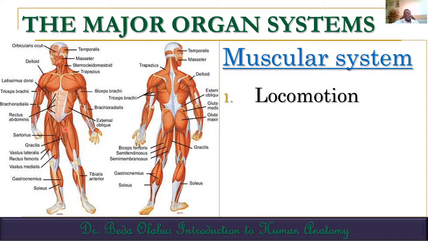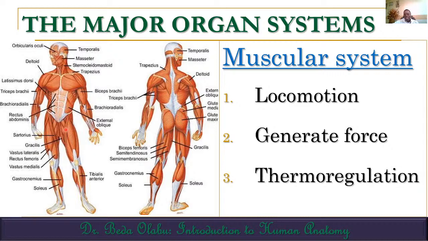We know that muscles are important in movement, so when they contract, they move bones, and the bones move around joints. Apart from that, muscles help us to generate force. If you want to push something, pull something, lift something, or jump, you use your muscles to generate the force you're going to use to perform these activities.